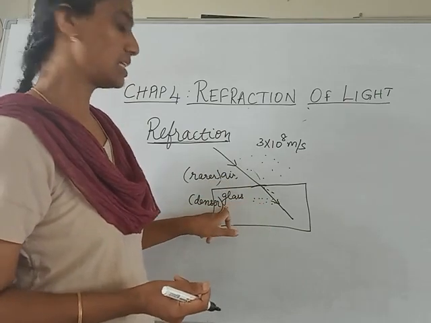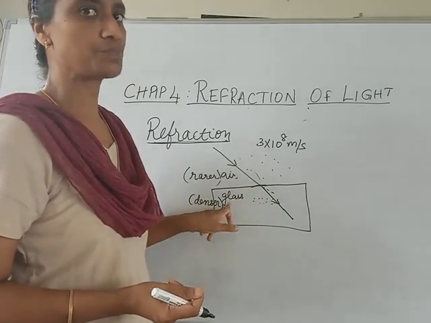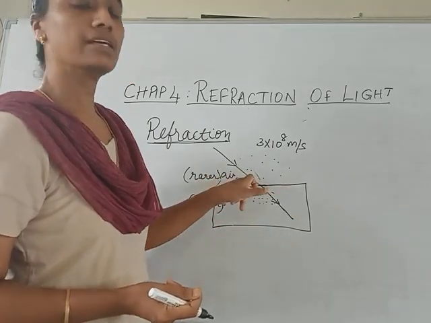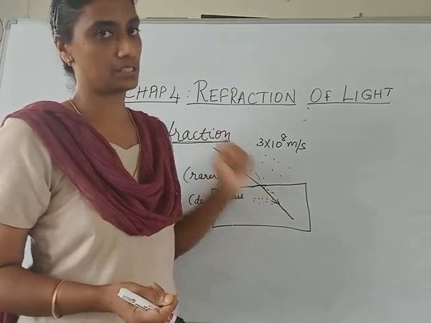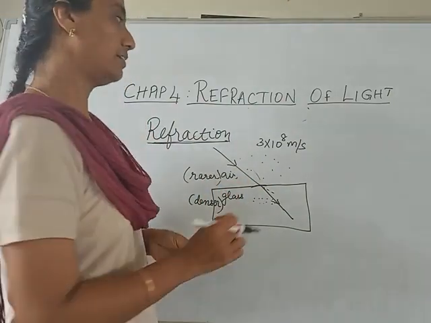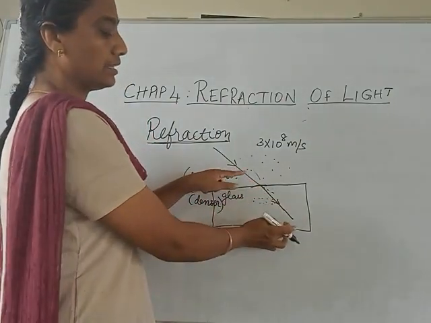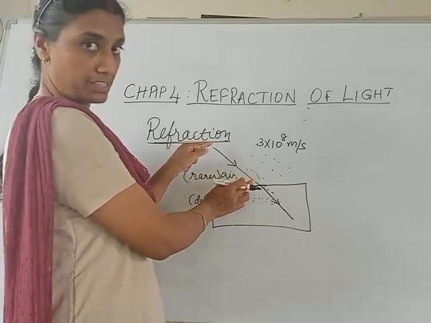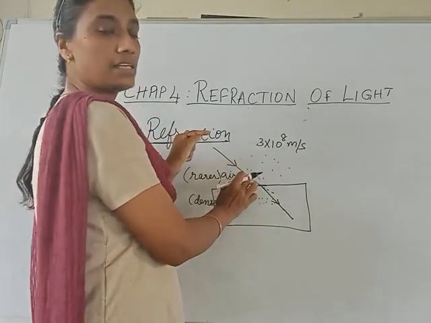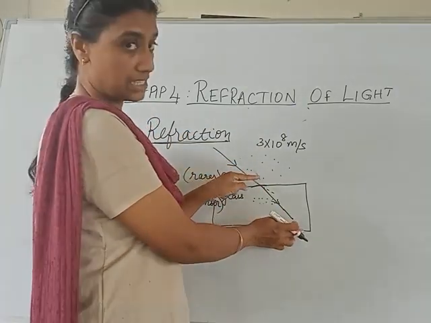Because its density is more, so obstruction is going to be more, so the light ray will slow down. But there is one condition, that the frequency of this particular ray should be the same even inside glass.